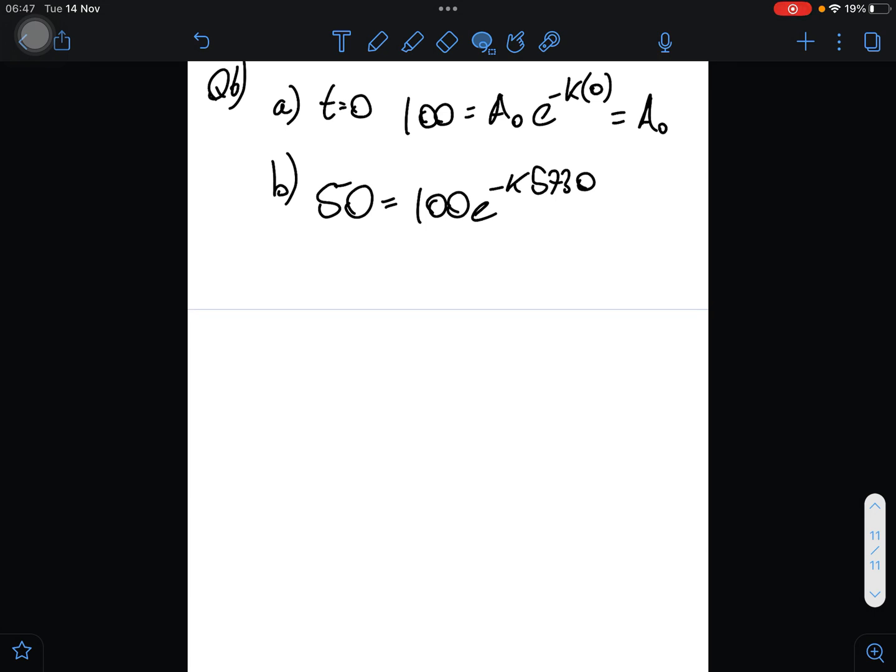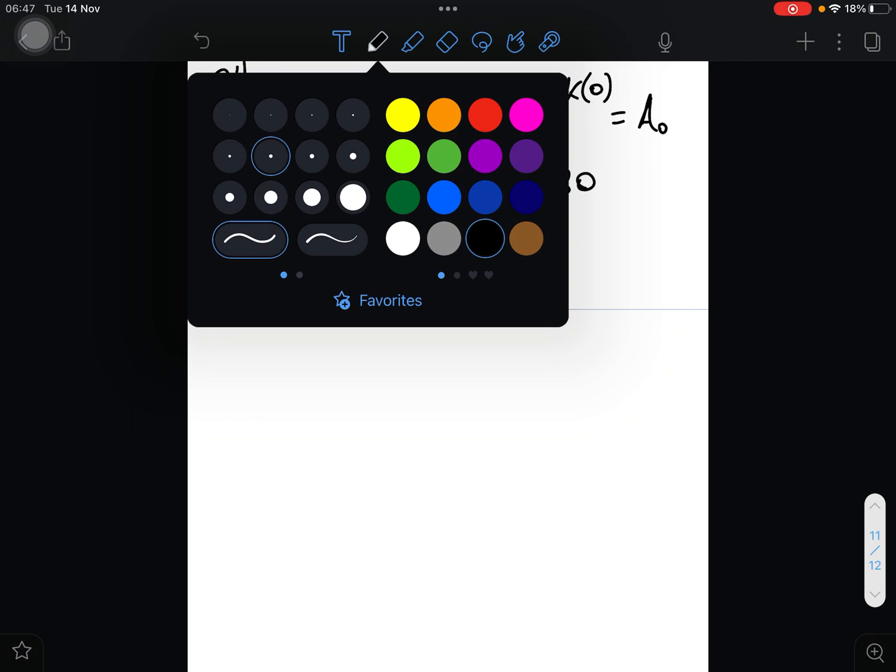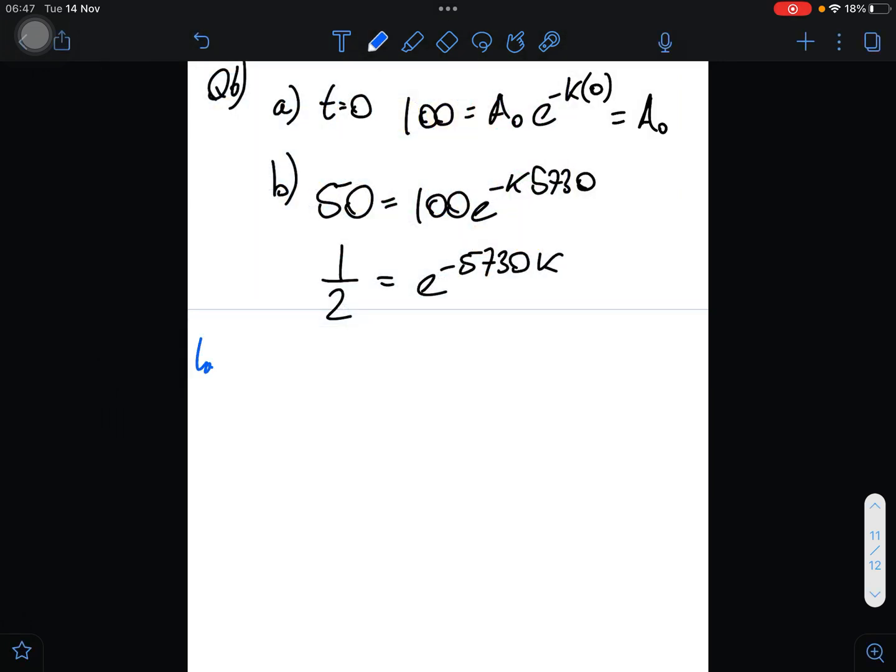Okay, so we have to solve this for k. Let's get rid of our 100 here so that we have something in the form of log 10 of 100 equals 2. So therefore we get k, I'm going to write it like this because I prefer writing it like that, where we've got the algebraic term on the right-hand side. Okay, now let's use our logarithms.